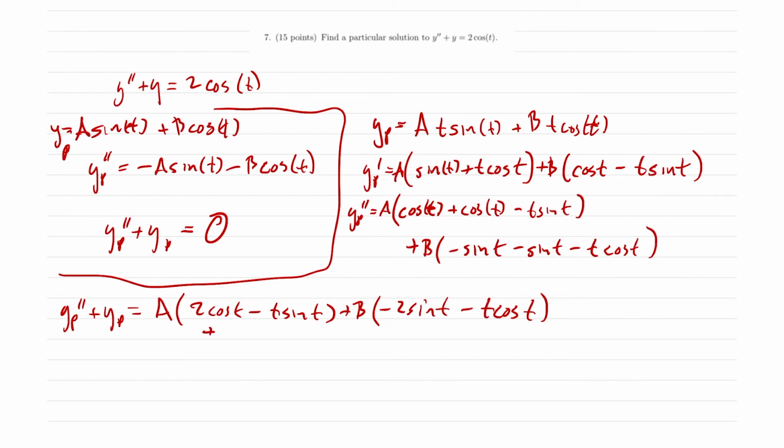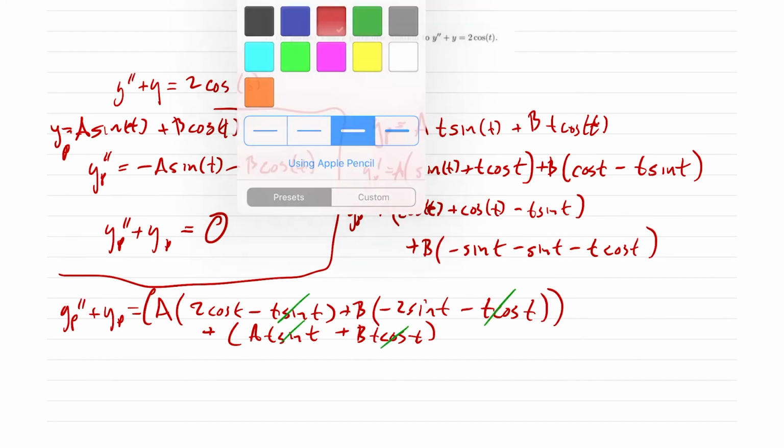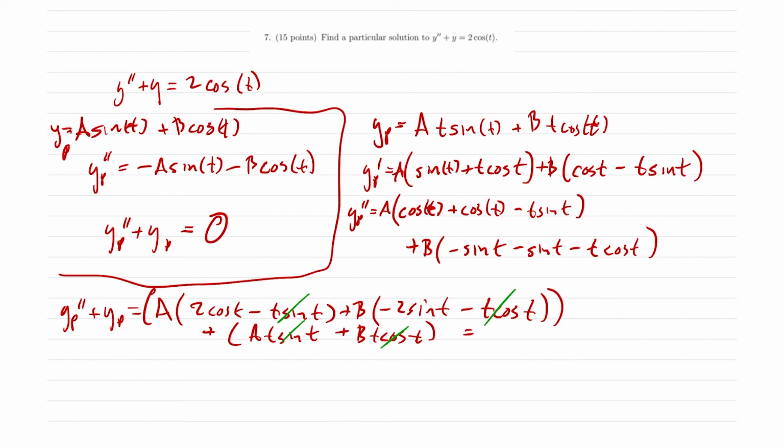Now we're going to add it to y sub p, so this was all y p double prime, and we get a times t sine of t, and we get plus b t cosine of t. All right, and so you see immediately this term is canceling, this term is canceling, this term is canceling, and so what's left over is you get 2a cosine of t, and you get minus 2b sine of t.